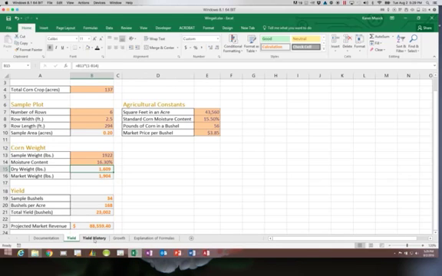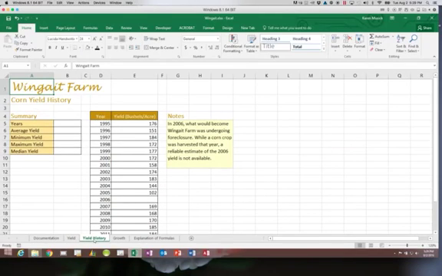Now we're going to go over to our yield history. Before we go any further, I like to save my work. Remember to save periodically because your work is being done in RAM, and remember that is volatile, so if the power turns off, you could lose some of your work.